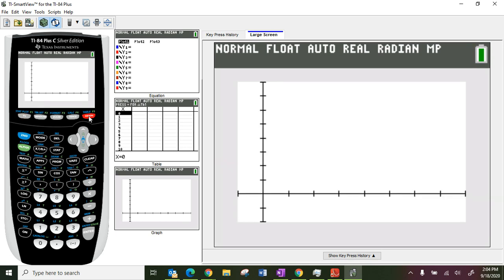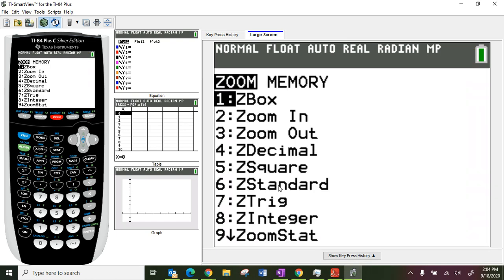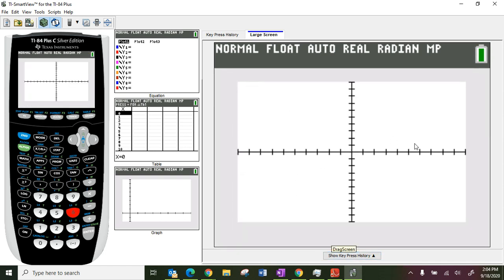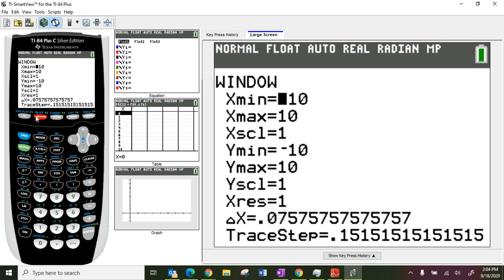The reason nothing's there is that usually the window is in standard format, but we want to change our window manually like we did before. My X values went from 0 to 5, so I'm going to change the minimum to -5. There's not a lot of difference, and I'm going to leave the maximum at 10.